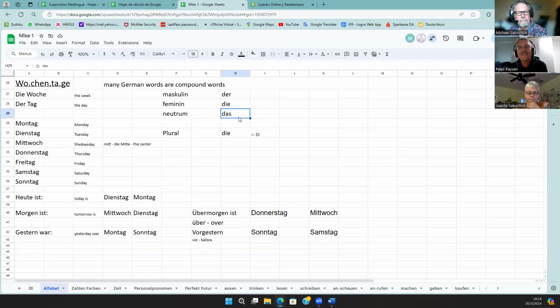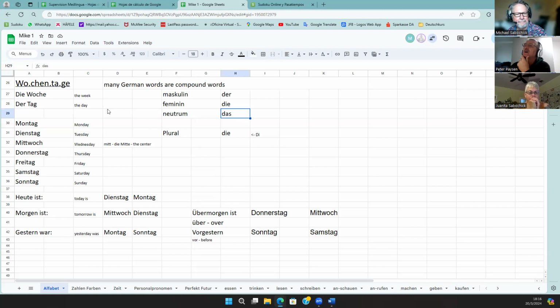So now with each noun, you have to memorize if it's masculine, if it's feminine, or if it's neutrum. That is why you will see plenty of our work with lots of beautiful articles.